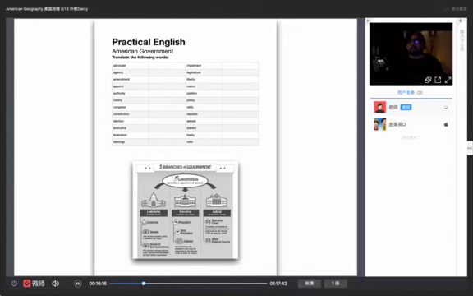Ideology, political belief, implement. This is a word commonly used in political and business discussions.